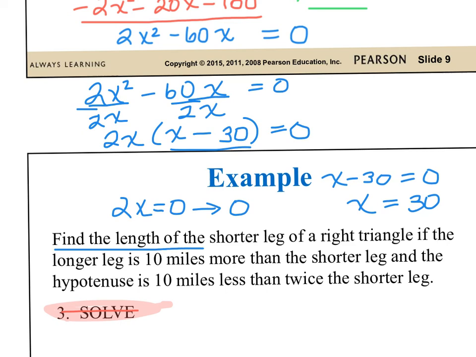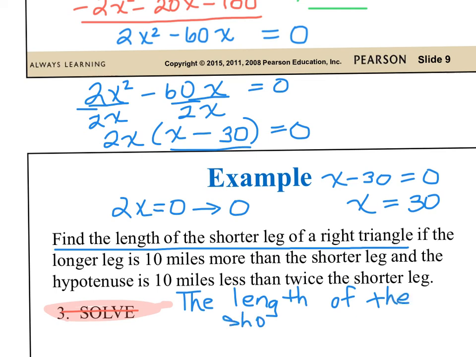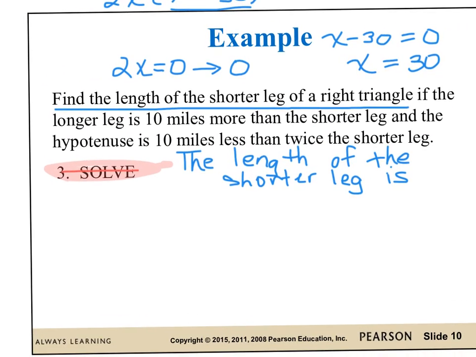So the length of the shorter leg of the right triangle is 30. And remember, it's in miles.